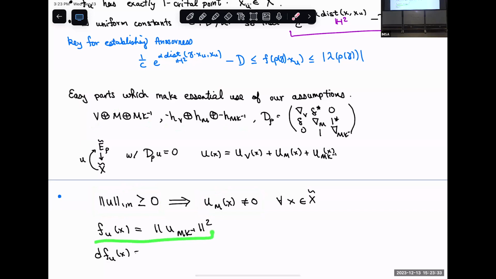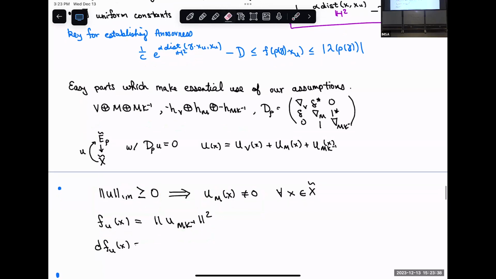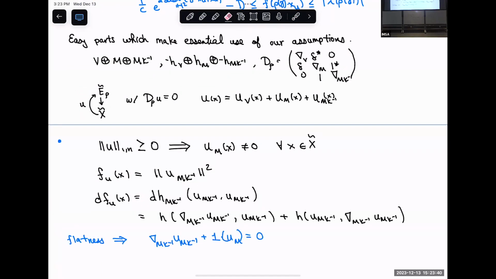Okay, so this is our function. Let's compute its derivative. Well, it's the derivative of some norm squared with respect to one of the pieces in the Hodge metric. So I get to use the Chern connection to differentiate here.